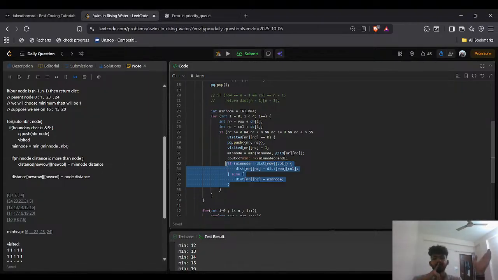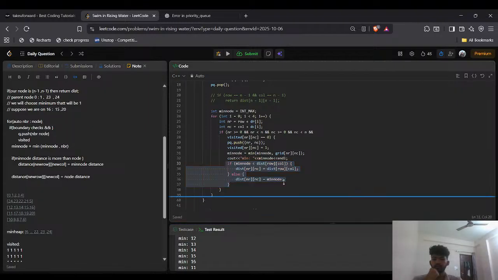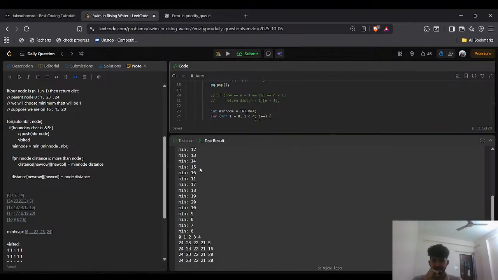Let's say we did the boundary check. And then, think. 15, 16, 11, 6.